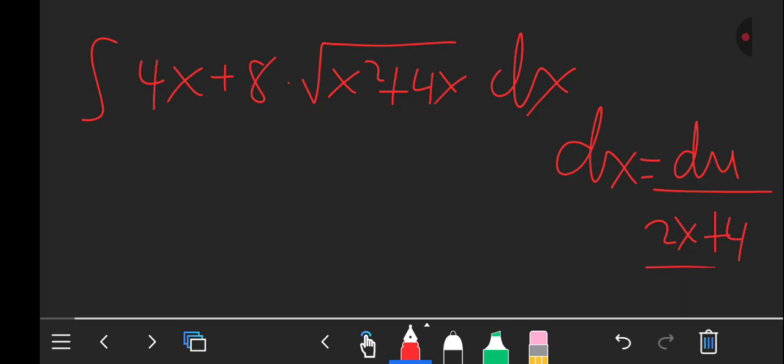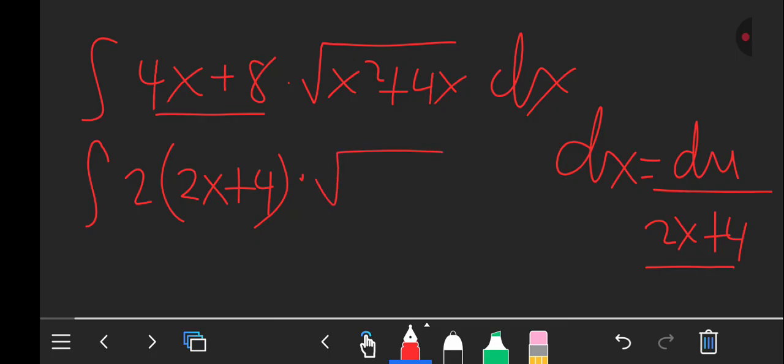So you can see that we have 2x plus 4 here. So you can try to factorize a bit on this value. So you can say integral, we factorize maybe 2. We want at a certain point things to cancel. So we can say 2 times (2x plus 4), then there we have square root of u. Then dx we will substitute with du over 2x plus 4.